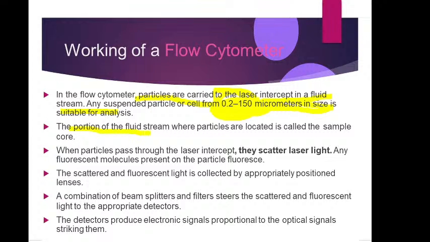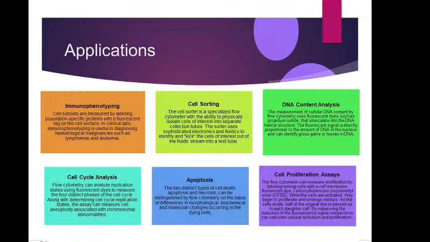The portion of the fluid stream where particles are located is known as the sample core. When the particles pass through the laser, they scatter laser light. The scattered and the fluorescent light is collected by the lenses. Then it will be detected by the detectors, and at the end, these detectors produce a signal which is proportional to the optical signal striking them.